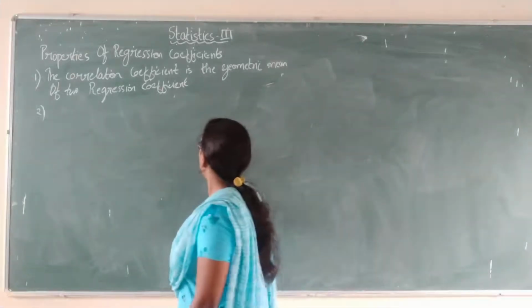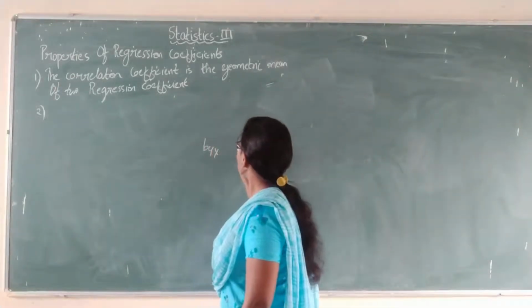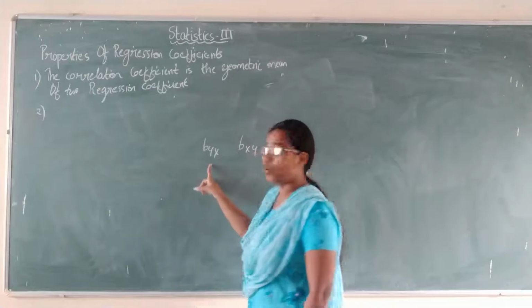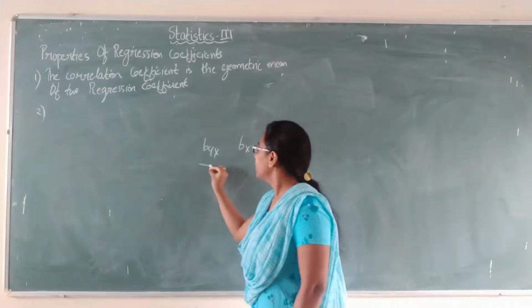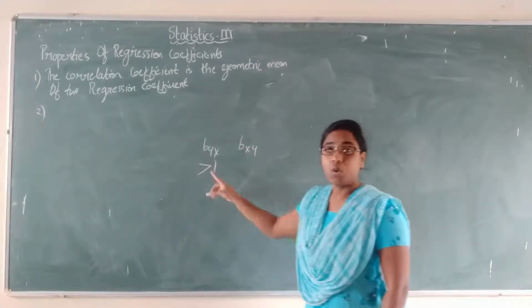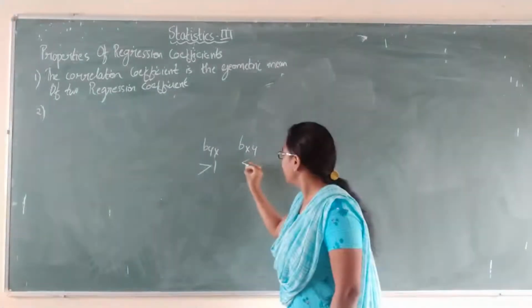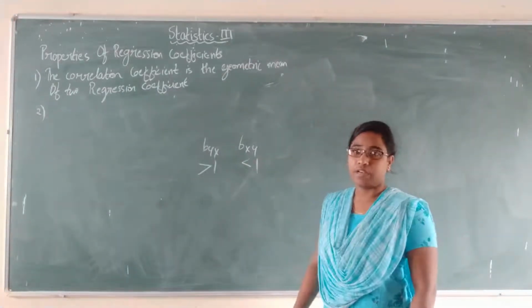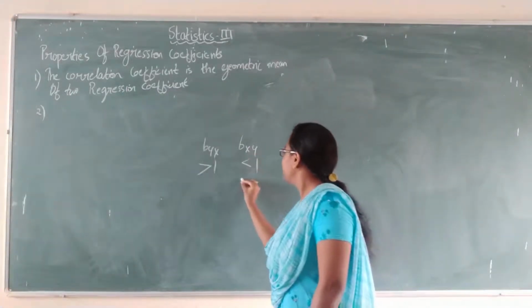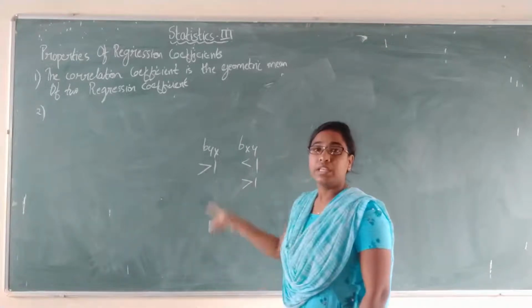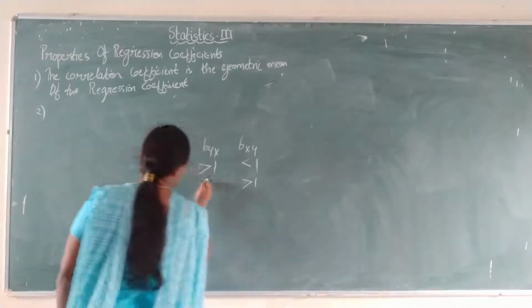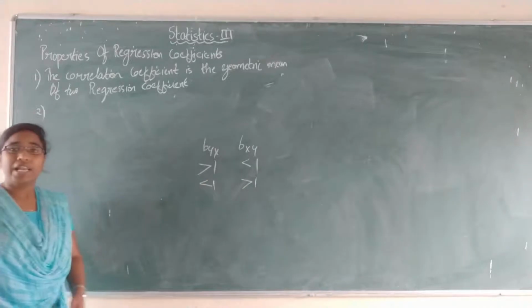Suppose Byx is greater than 1, then obviously Bxy will be less than 1. Suppose if Bxy is greater than 1, then automatically Byx will become less than 1.